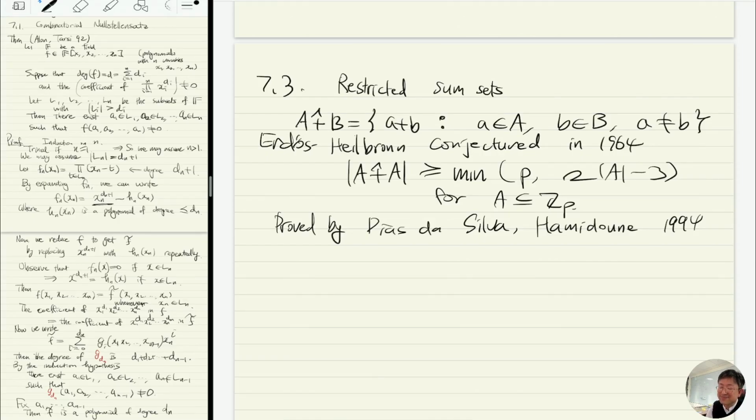It's not easy. However, 1 year later, Alon, Nathanson and Ruzsa proved that this actually has an easy proof by using the combinatorial Nullstellensatz. So that's what I'm going to show you. So here's the proof.